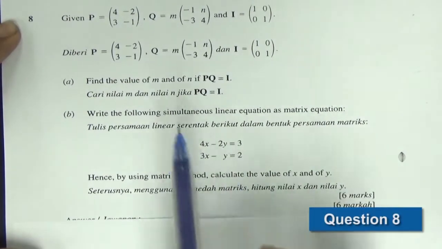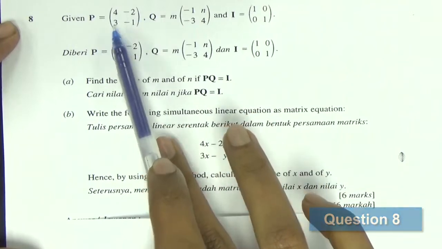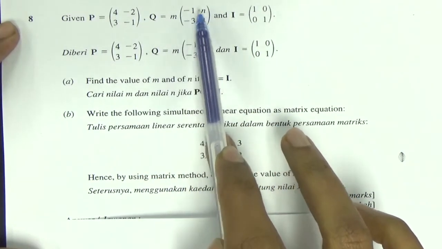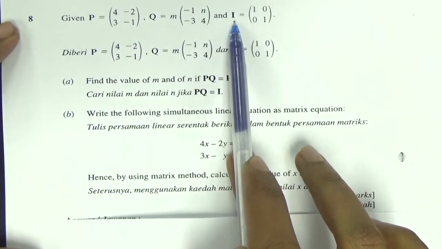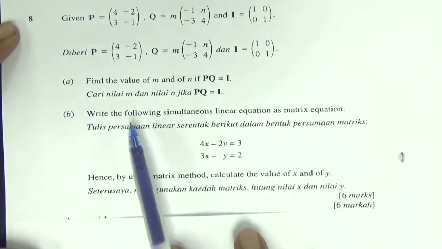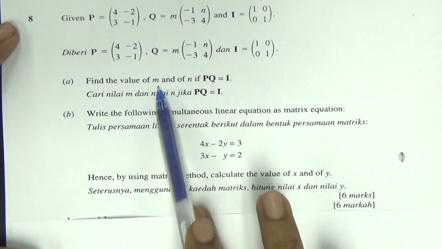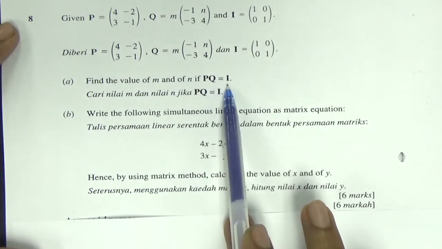Question 8. Given P equal to the matrix 4, negative 2, 3, negative 1, Q equal to the matrix M, negative 1, negative 3, 4, and I, the identity matrix, equal to 1, 0, 0, 1. Question A is asking us to find the value of M and N if PQ equal to the identity matrix.